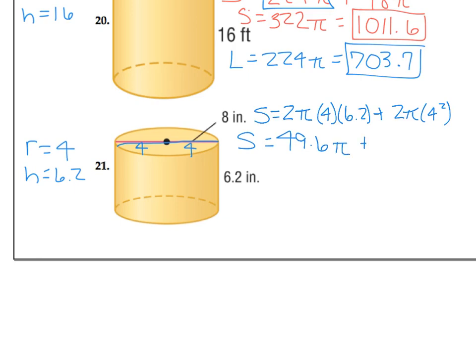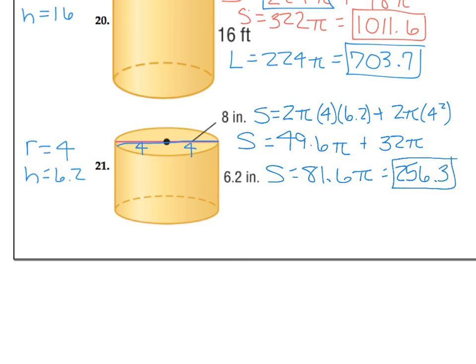Plus 4 squared is 16 times 2 is 32 pi. Now I'm going to combine these together, and I'm going to get 81.6 pi, and I'm going to multiply that through to get 256.3 for my surface area.